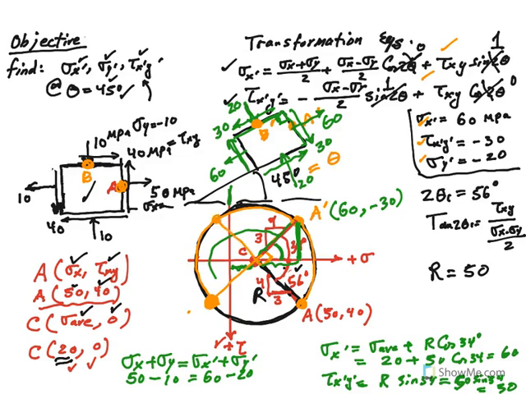So this is point B here, and this is B prime, whose coordinates should be exactly minus 20 and positive 30. That's the shear stress. Okay, hopefully this made sense to you.